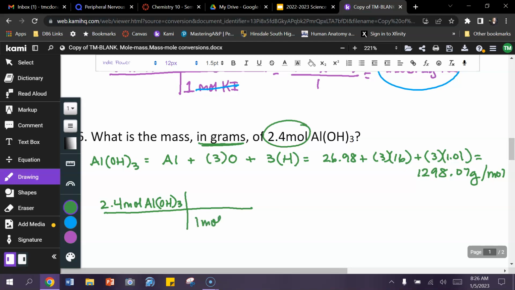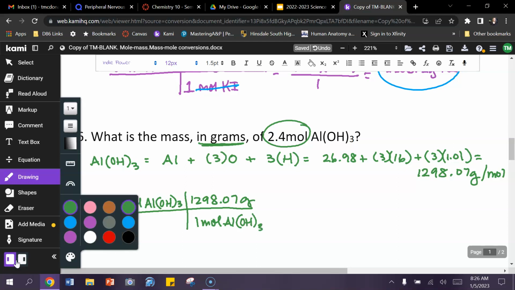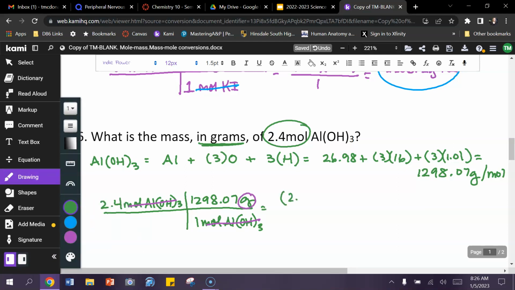We know that 1 mole is equal to 1,298.07 grams. Whoops, let me put my units here. And cross out what's on the top and on the bottom. Again, we're left with grams, and so we need to multiply 2.4 times 1,298.07.